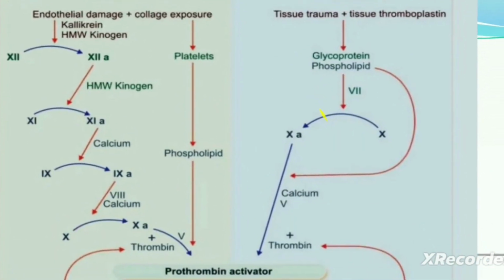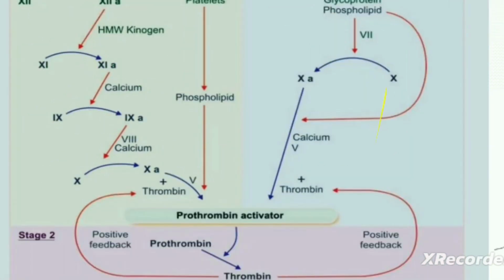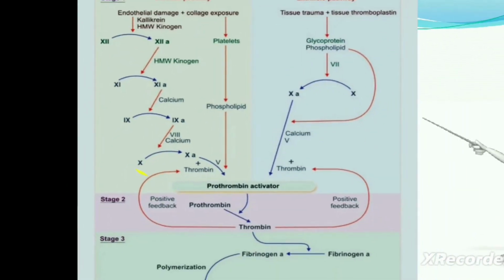So, we can say it keeps on activating the inactive clotting factors. Whereas the intrinsic pathway is activated through exposed endothelial collagen. So these are the main basic differences between the extrinsic pathway and the intrinsic pathway. The rest you can see in this mechanism.